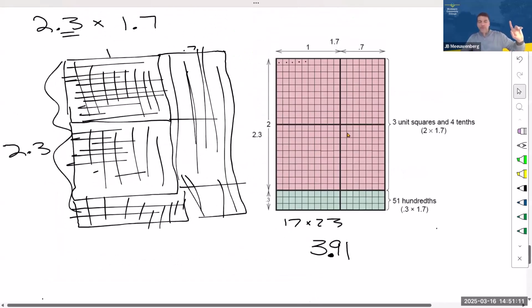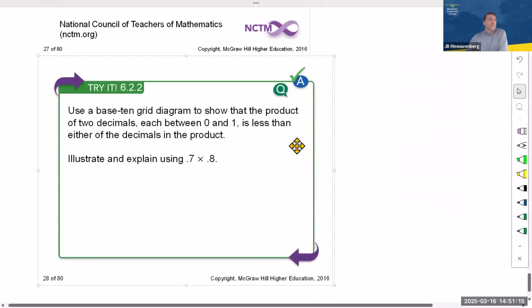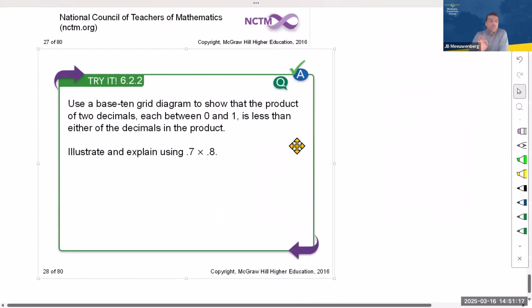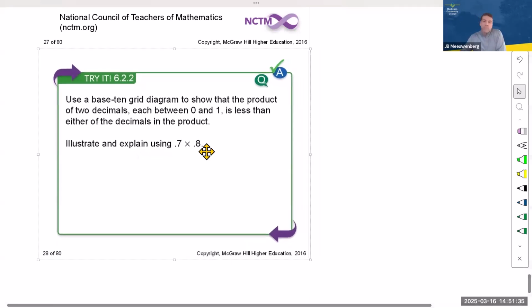Just sketch something very brief to show that the product of two decimals, each between 0 and 1, is less than either of the decimals in the product. We're going to use 7/10 times 8/10. See if you can multiply 7/10 times 8/10 using a diagram.